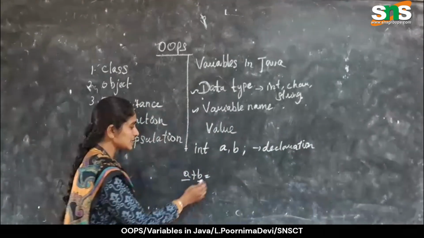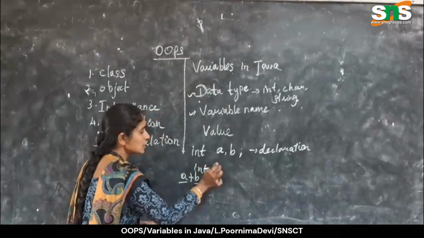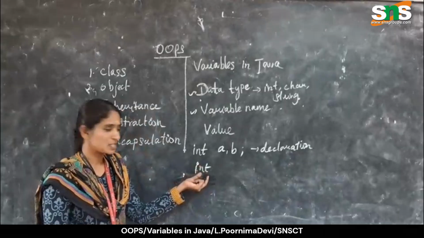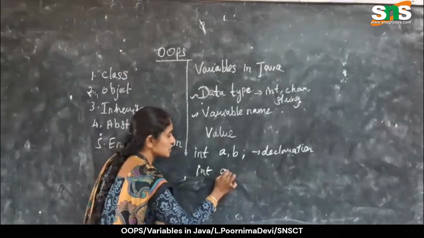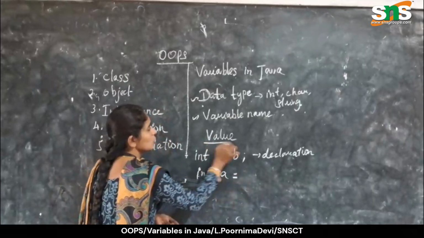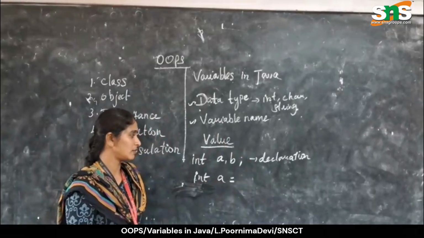The next one is initialization. When I initialize my variable, I use the same data type, integer, and I mention my variable name, and I give the value. So I have mentioned the value in this variable.